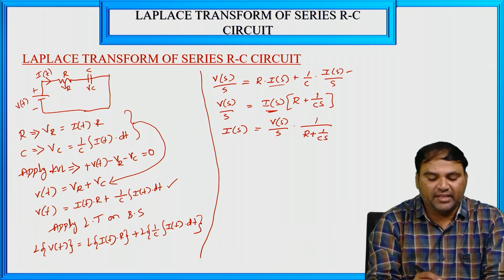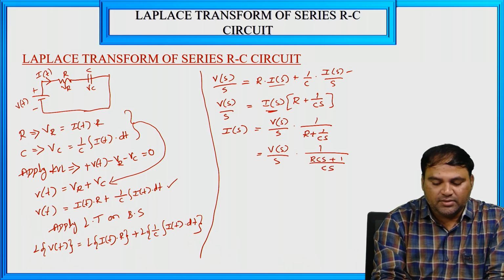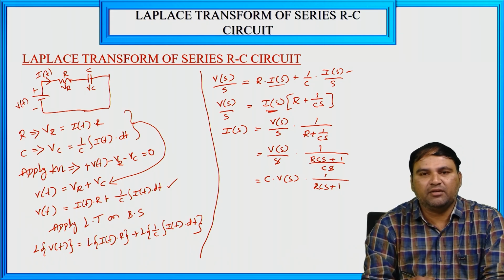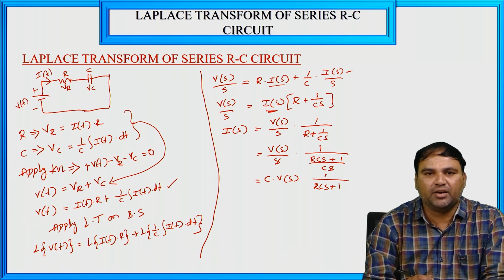Now simplify: that equals V of S by S into 1 by, the LCM is CS, so RCS plus 1. S gets cancelled, so C into V of S into 1 divided by RCS plus 1. Now this equation we have to write in the form 1 divided by S plus A.